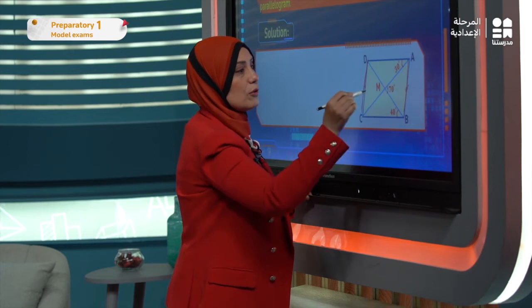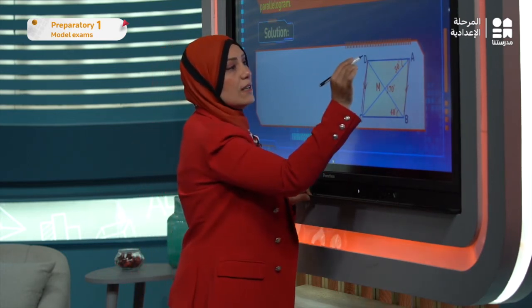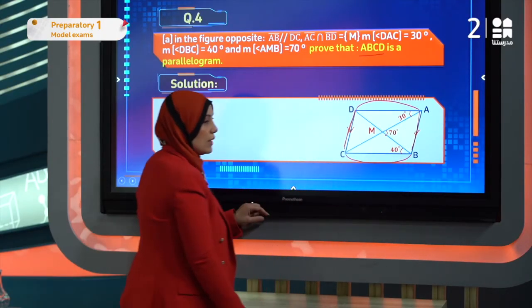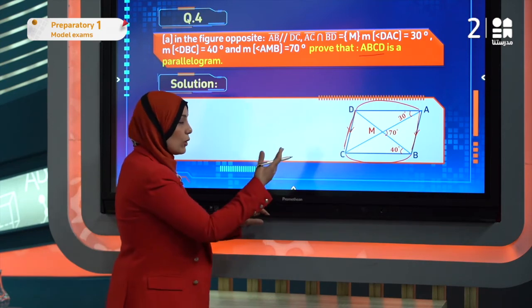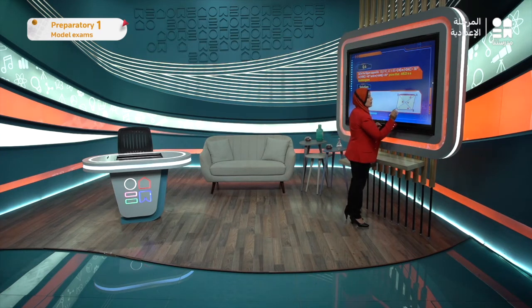This one is parallel to this one. So all we need is to prove DA is parallel to CB. How can we prove it? According to the givens. We need to prove that this one is parallel to CB.